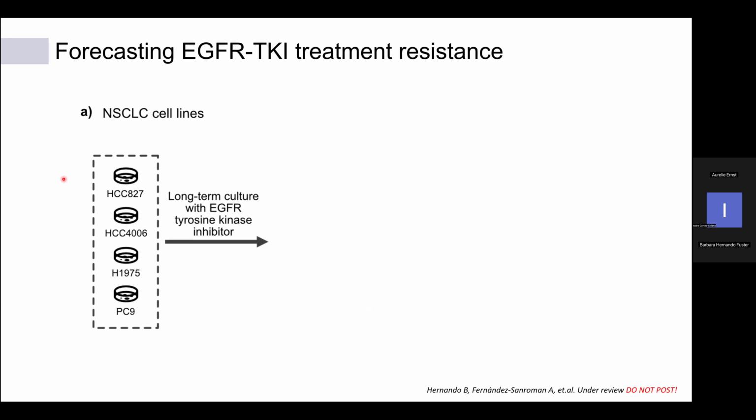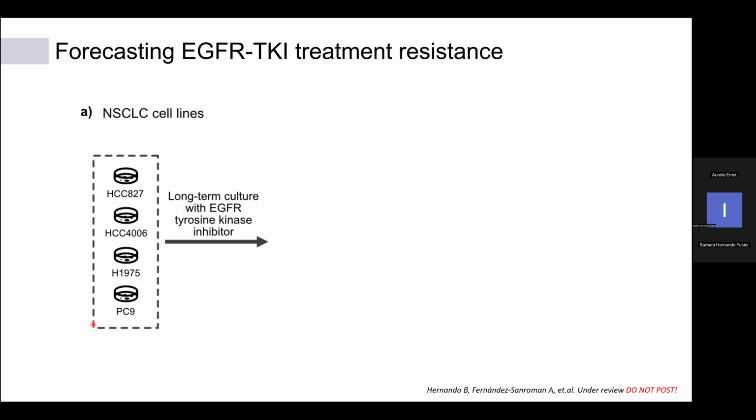So for that, we started with an in vitro experiment. We collected four different non-small cell lung cancer cell lines that have EGFR mutations. And what we did was to treat them for a long period of time with an EGFR inhibitor to derive resistant clones.